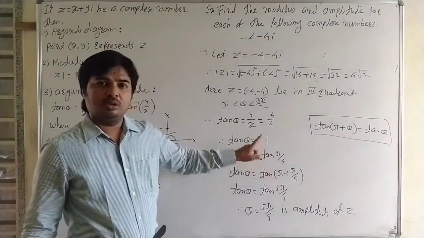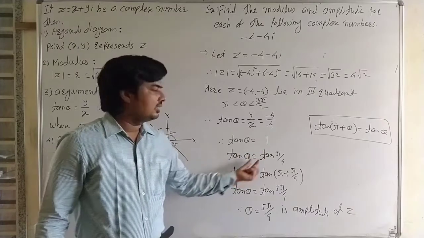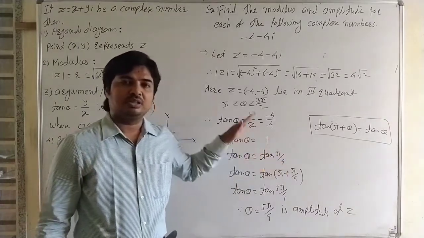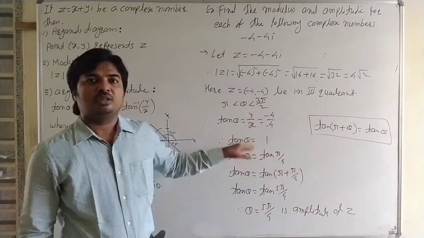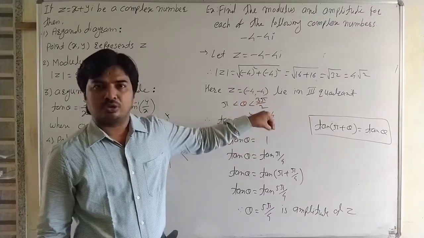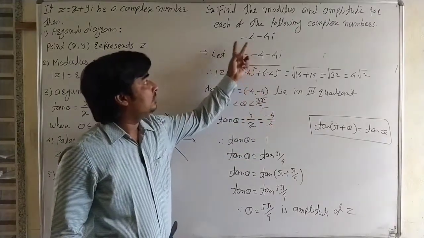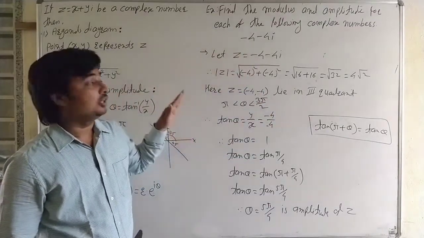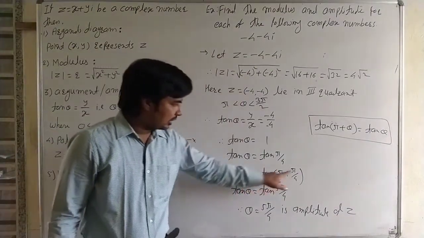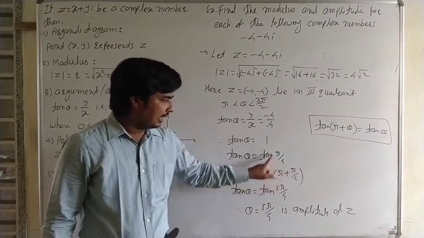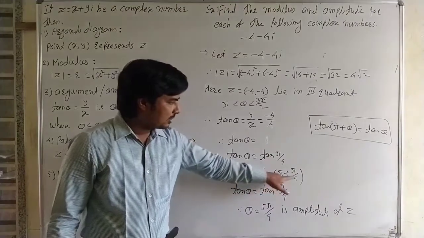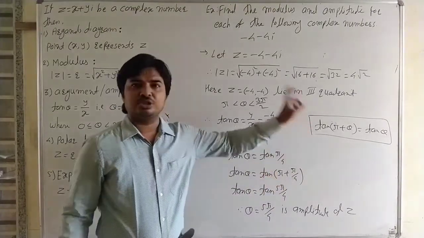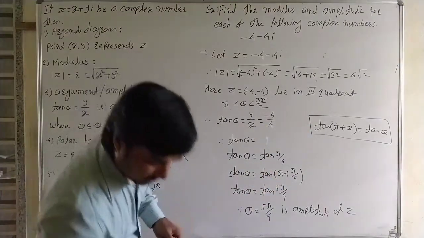If tan theta is equal to 1, then we can directly write theta is equal to pi by 4, but theta equal to pi by 4 means the complex number lies in the first quadrant, but here this complex number lies in the third quadrant, and therefore we can use the formula for the allied angle. Tan pi plus pi by 4 means tan pi by 4, we use this formula. Now next.